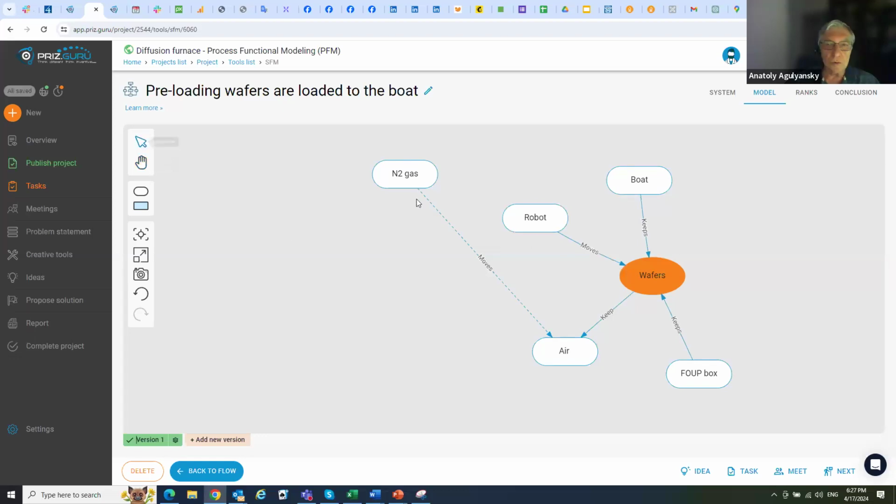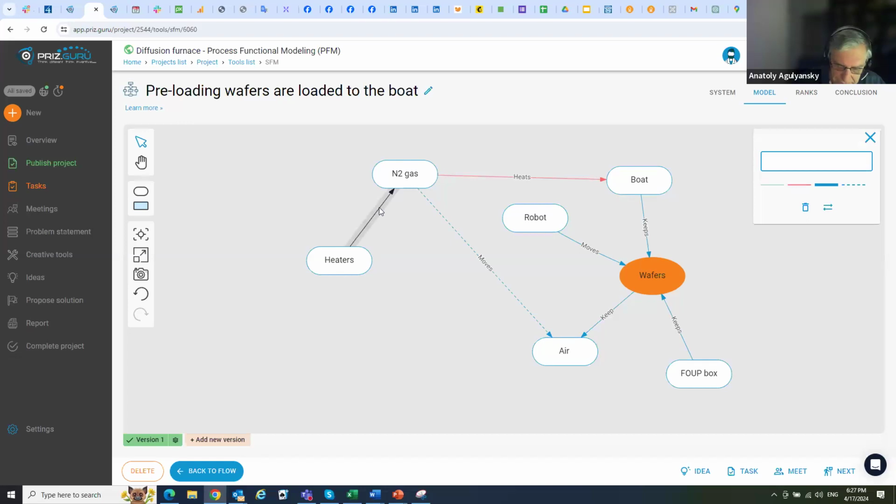And N2 gas also heats the boat because it's hot gas, and this is not what we need. And we have heaters. They heat gas. We have a furnace.